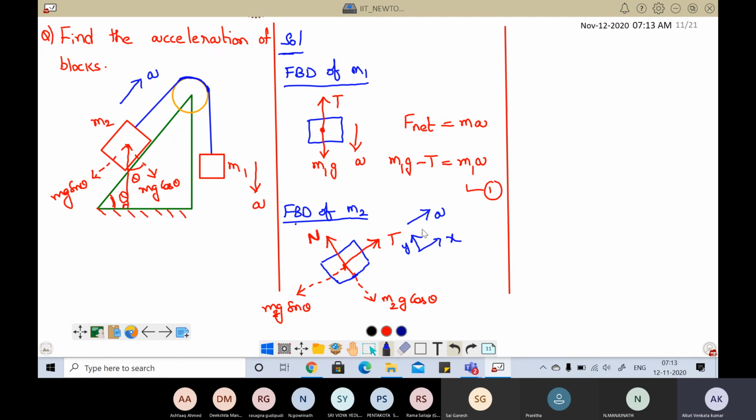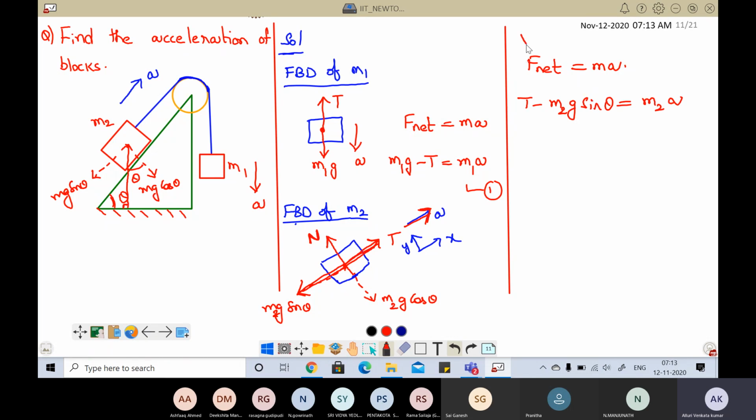In the direction of acceleration we write F net equals ma. The block will move only in this direction, correct or not? And its acceleration is upwards. So T minus M2G sin theta is equal to M2 times A. This is in the x direction, along the inclined plane.